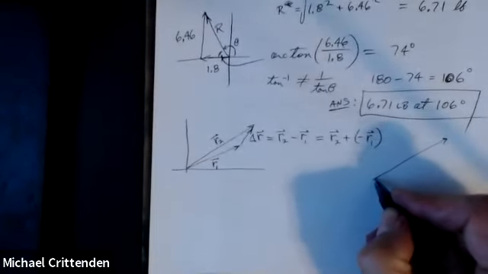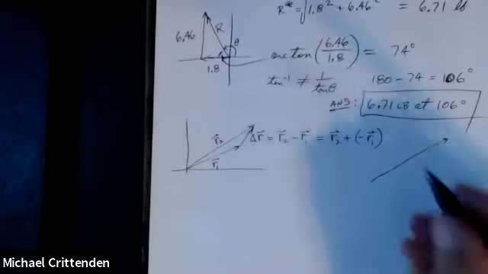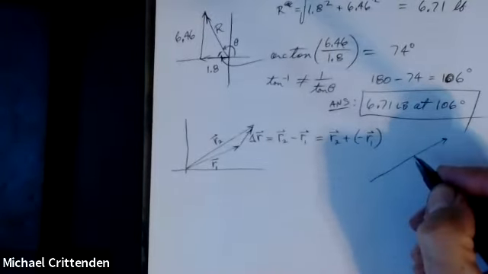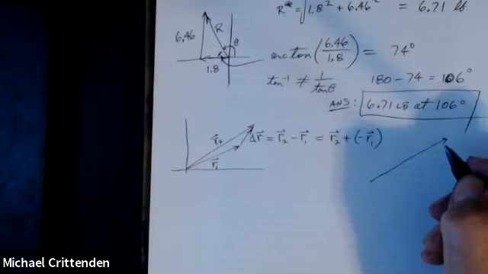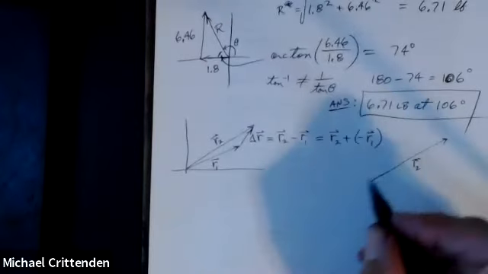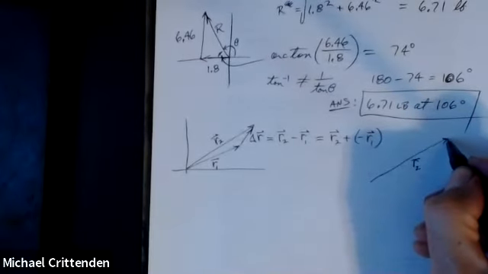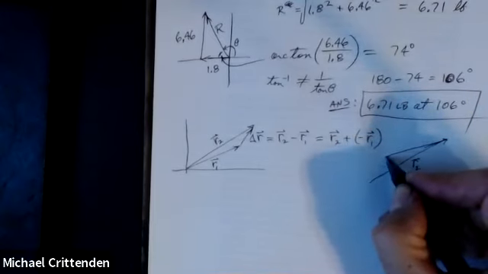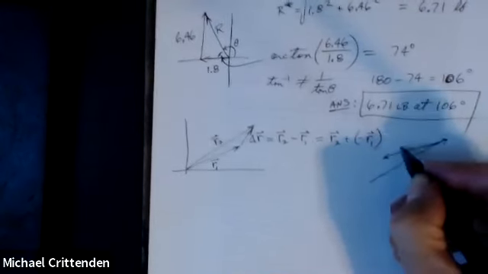More like that. Okay. So there's R2, and we're going to add that head to tail with negative R1, it should be a little steeper, kind of, sort of like that.